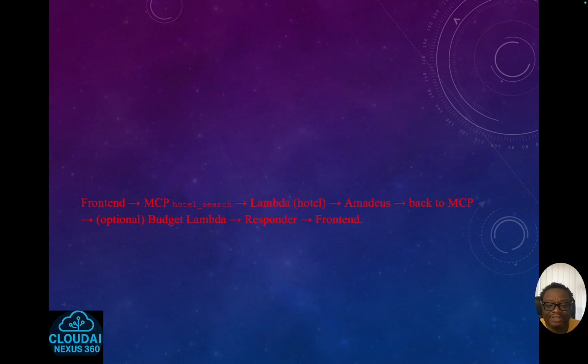We normalize to the hotel card, providing names, the star list, the price per night, images, maps URLs, etc. If a budget is provided, the MCP server calls the budget lambda to pick the best matches. Finally, we can narrate the results for a friendlier UX.